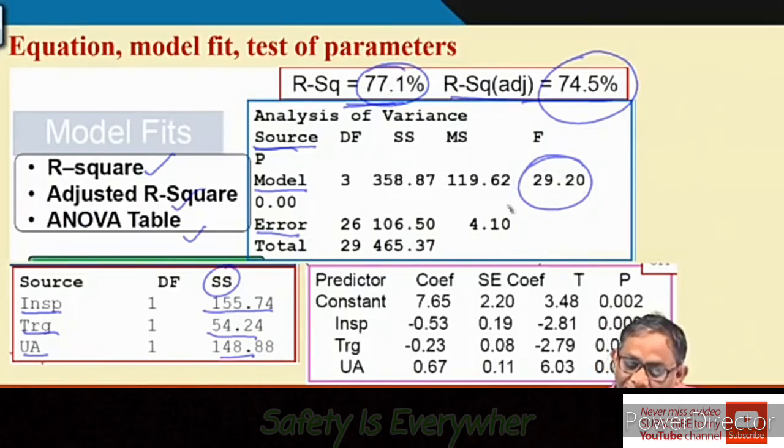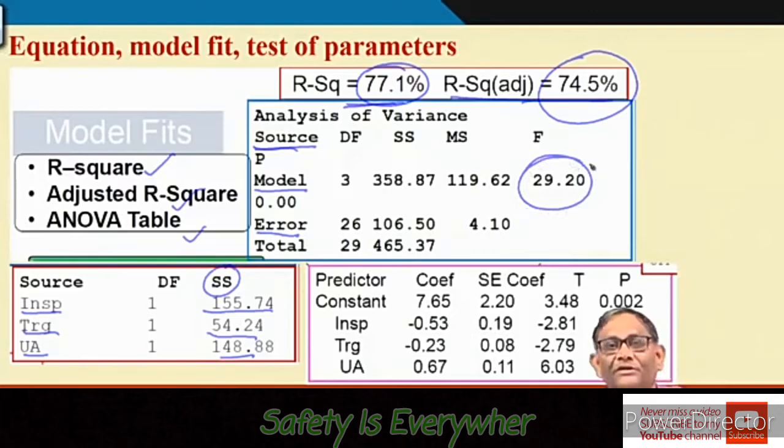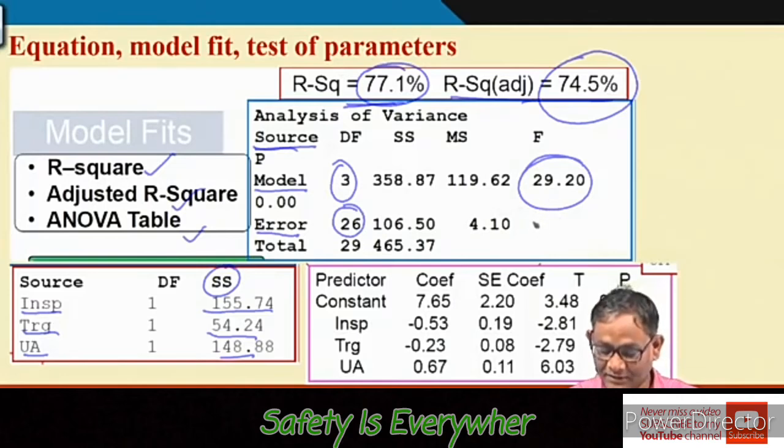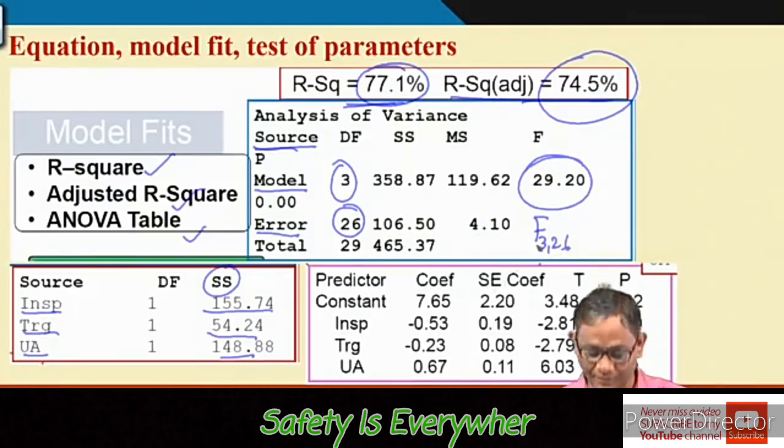And 29.20 is a large value in comparison to the theoretical value. This value is to be compared with the theoretical value, where the model degree of freedom is 3 and the error degree of freedom is 26. The F distribution has 2 degrees of freedom, one is the numerator, that is 3, and the other is the denominator degree of freedom.